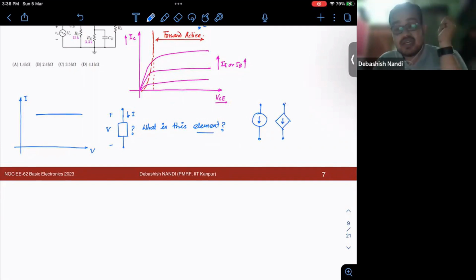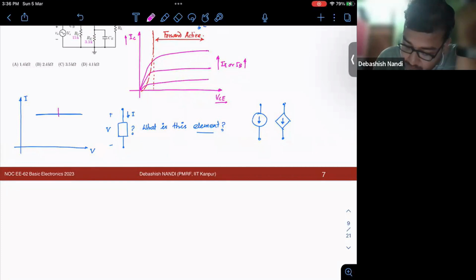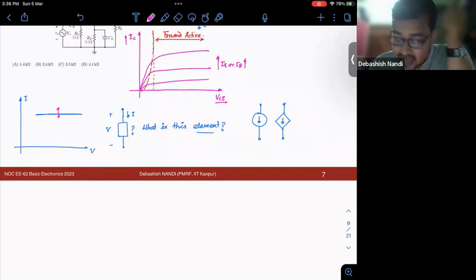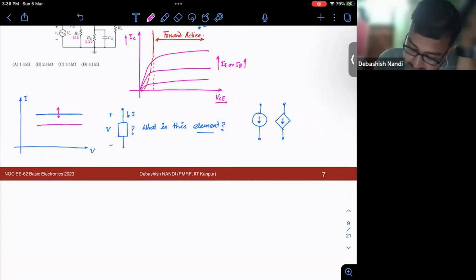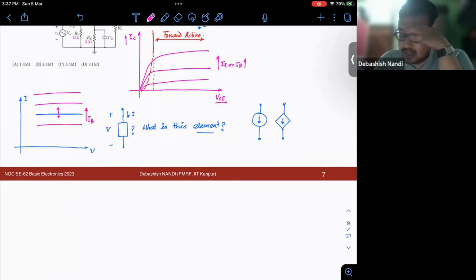How do I know which one it is? If I vary any of the other current or voltage parameters, does this level shift upward or downward? That I need to check. Now, if I have this kind of plot, and this I say is IB, if IB is increasing, this plot is moving up but maintaining the horizontal line, right?